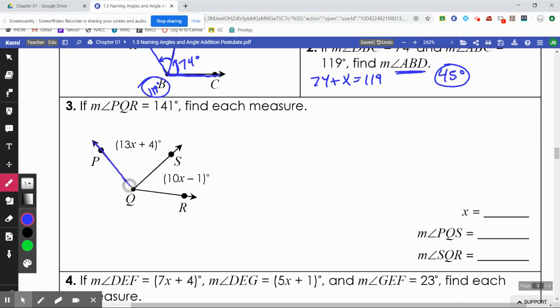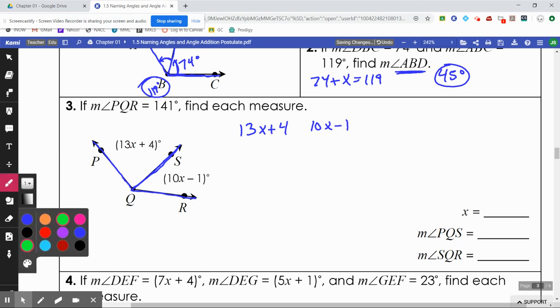Now let's apply the algebra the same way we did with the segment addition. When you add an angle to the angle next to it, called adjacent angles, when you take 13x plus 4 and 10x minus 1 and add the two together, it will equal the whole measurement, PQR. And they tell you PQR is 141. Solve the equation to figure out what x is.